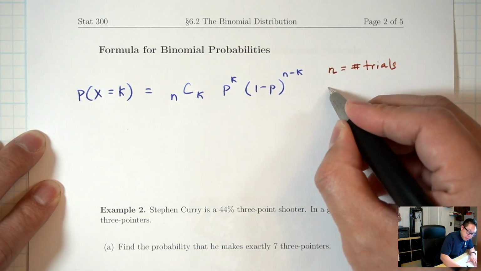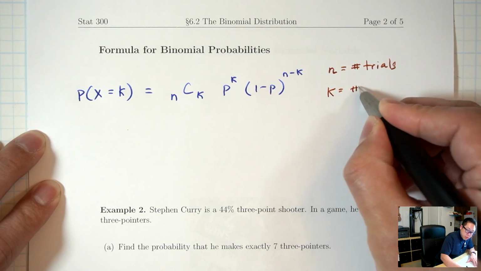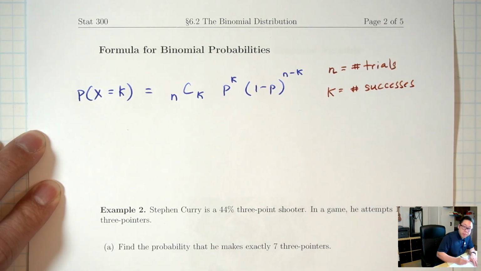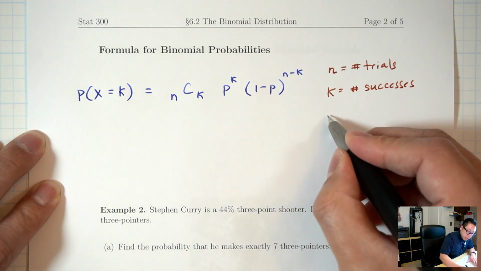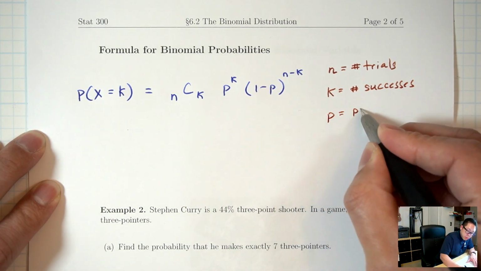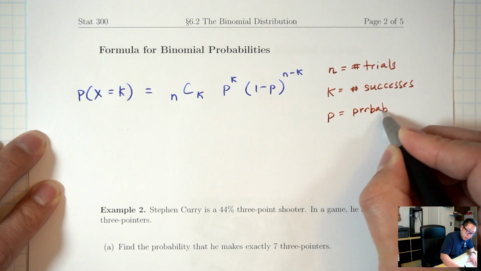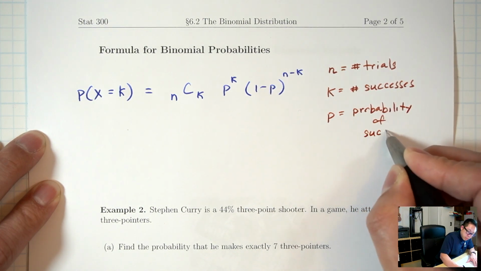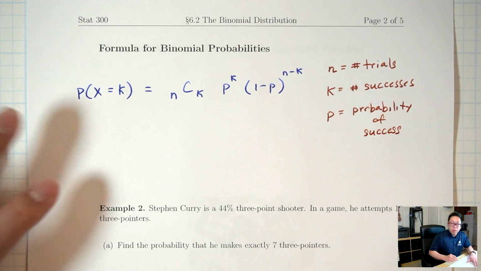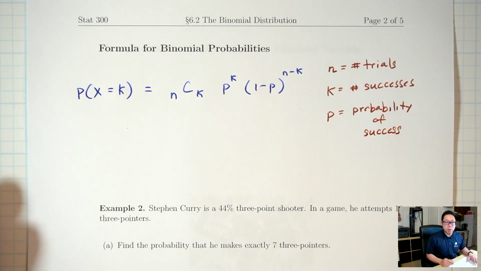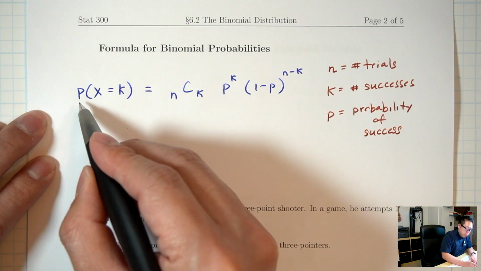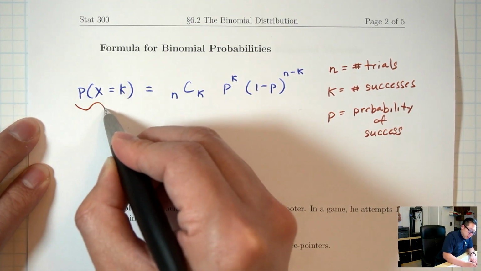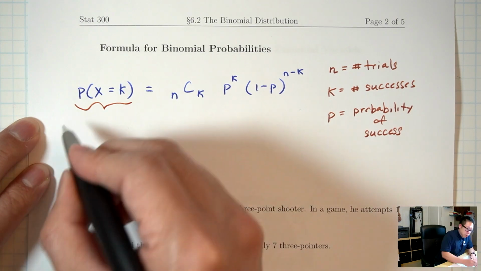K is the number of successes. And P is the probability of getting a success. What are you trying to compute with this formula? You're trying to compute the probability of X equals k, that's the probability of getting exactly k successes.